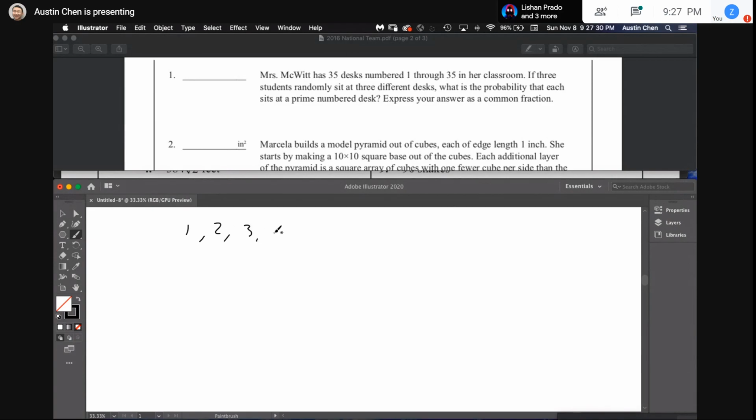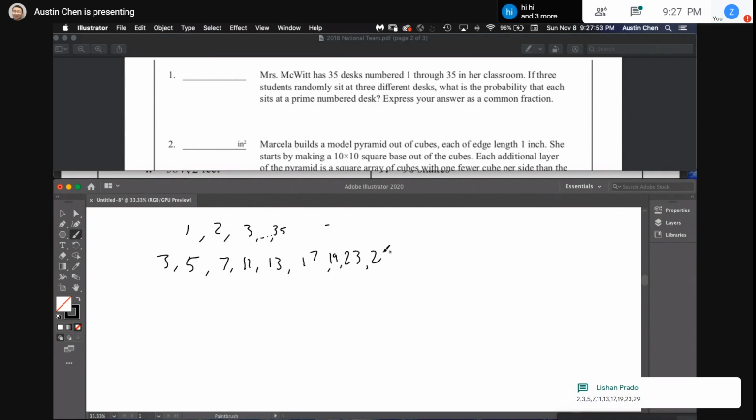So let's list the primes: 3, 5, 7, 11, 13, 17, 19, I missed 19 earlier, 23, 29, 31, and that's it. And we just need to count how many primes there are: 1, 2, 3, 4, 5, 6, 7, 8, 9, 10. We have 10 primes. Did I miss any?